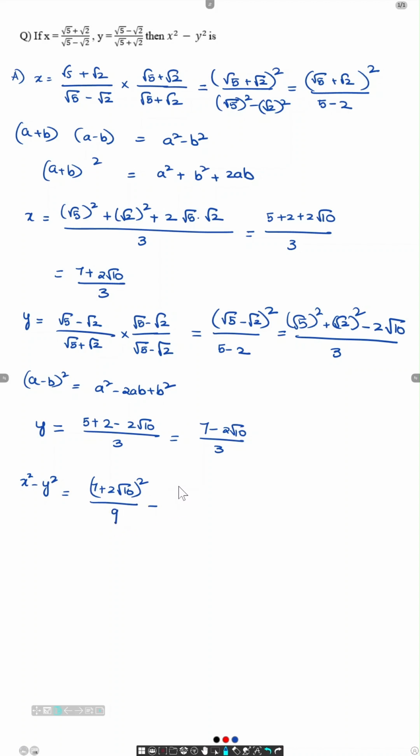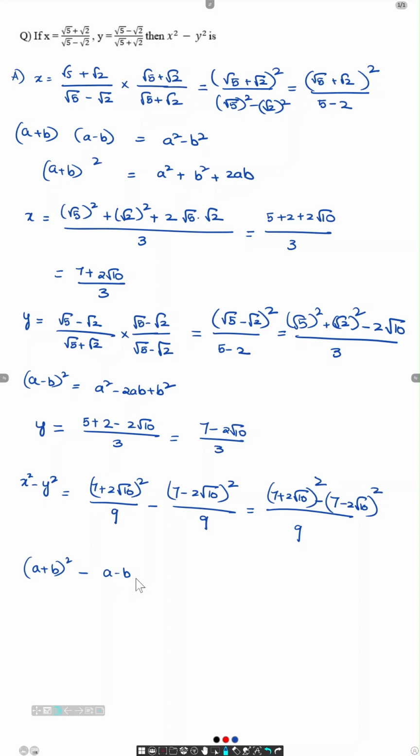Similarly, y square is (7 minus 2 root 10) whole square by 9, which is nothing but, I'll just write it in the numerator, minus (7 minus 2 root 10) whole square. The identity we apply over here is (a plus b) whole square minus (a minus b) whole square, which gives us 4ab.